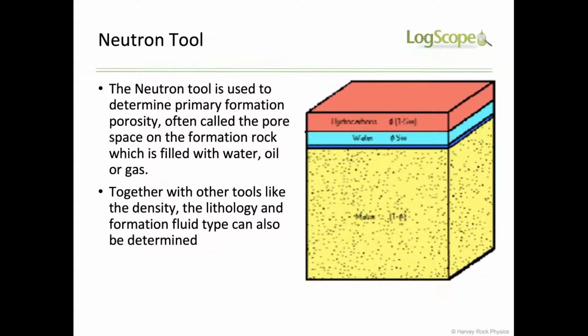So if we talk about the Neutron tool, the Neutron basically measures the neutron count that comes back to the tool from the formation, and that neutron count, when it was just a single detector, was used through an exponential graph to actually calculate the porosity.